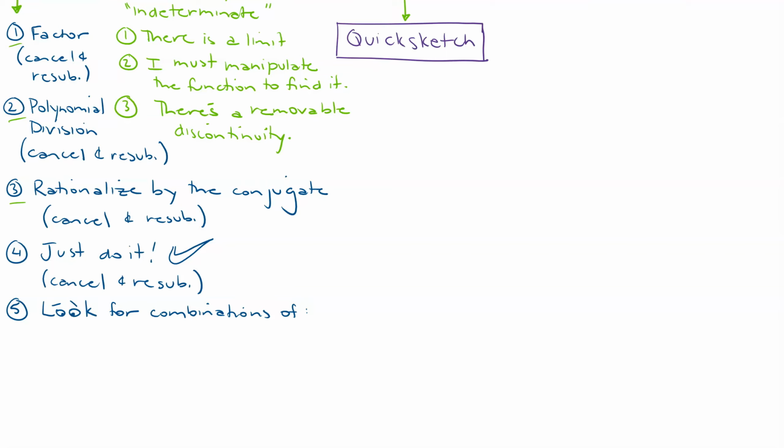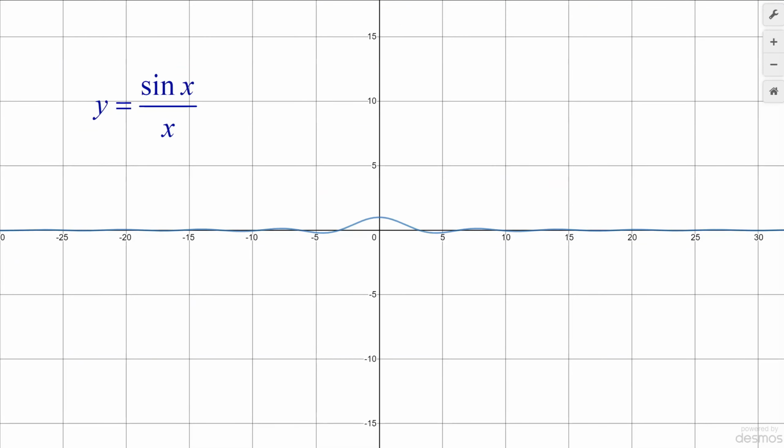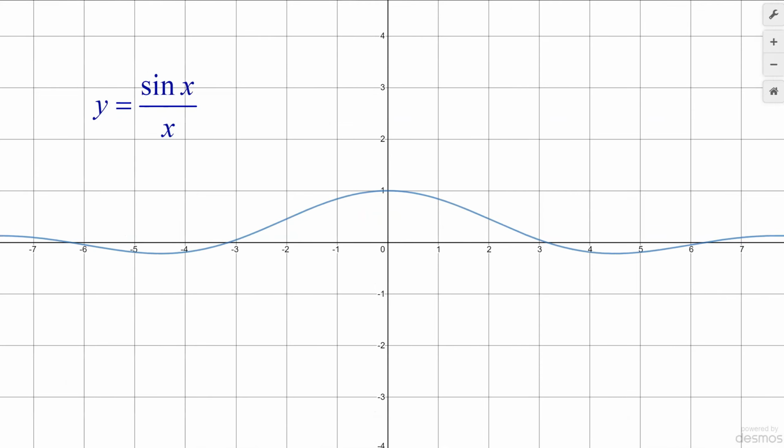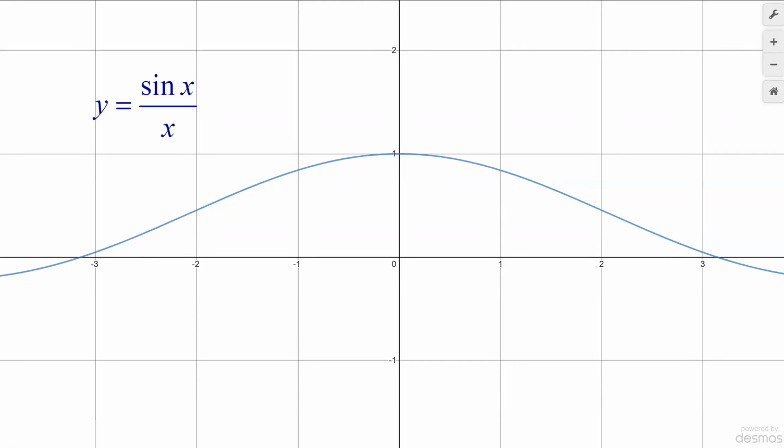We're going to start with the limit as x goes to 0 of sine x over x. This is the function y equals sine x over x. And as we zoom in, you get a really good picture of what's happening as x approaches 0. Let's take a closer look at this function.